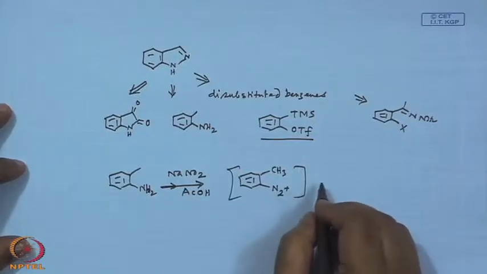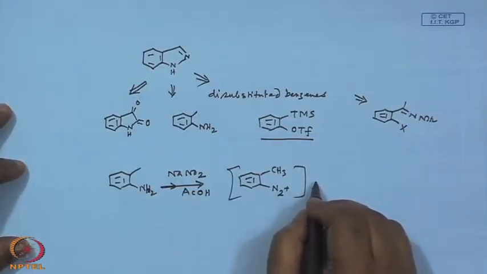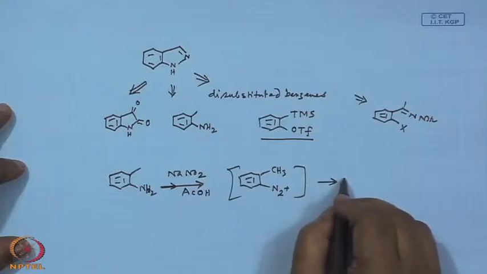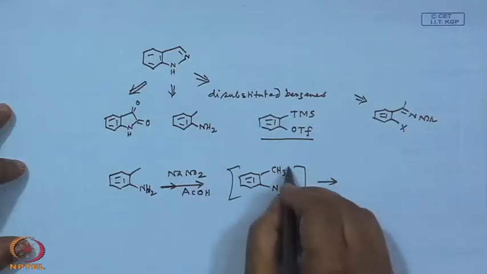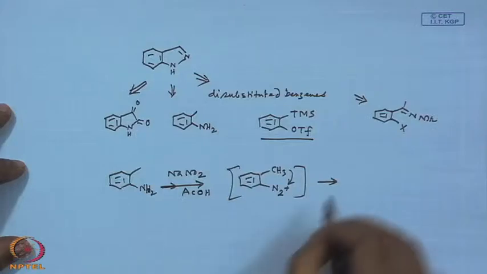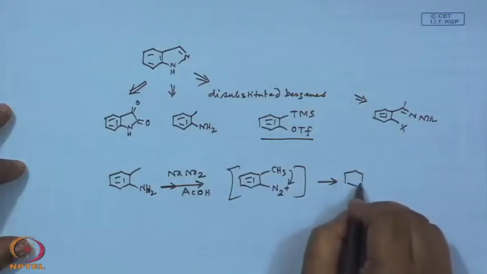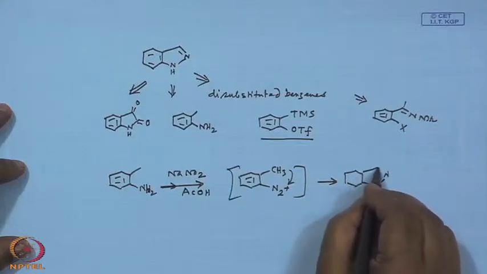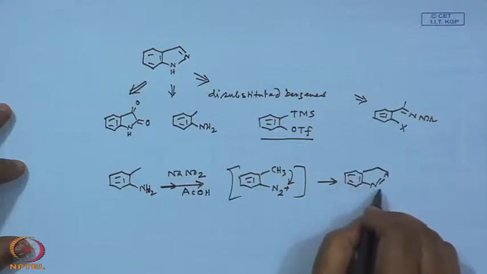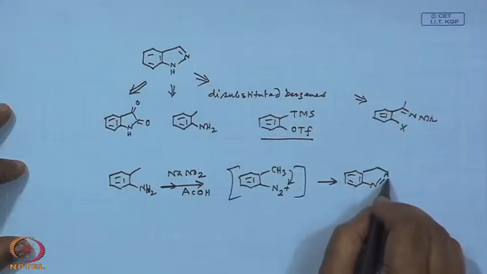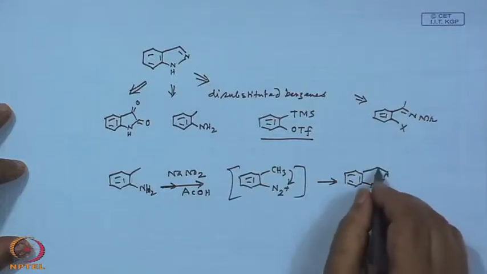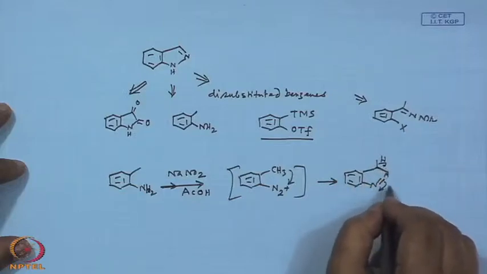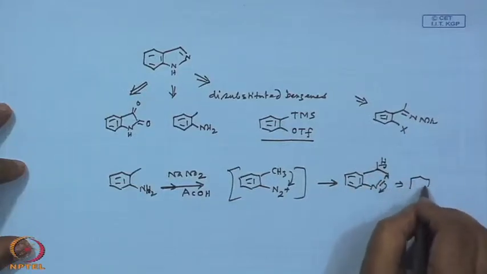But this diazonium salt does not exist in that way. Interestingly, it cyclizes, as if it forms a negative charge here and then attacks the diazo group. So, you will have obviously this kind of intermediate, and that eventually tautomerizes to the indazole.